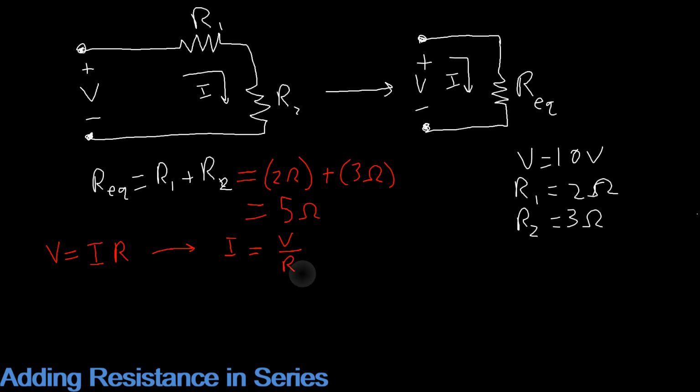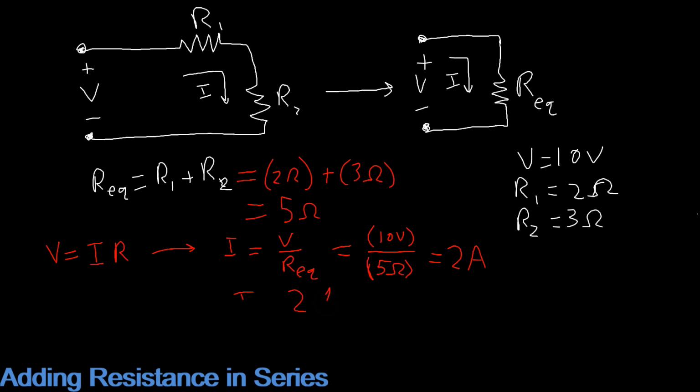So, from here, we can input our known values. 10 volts divided by our equivalent resistance of 5 ohms is going to be equal to 2 amps. So now we know our current is equal to 2 amps.